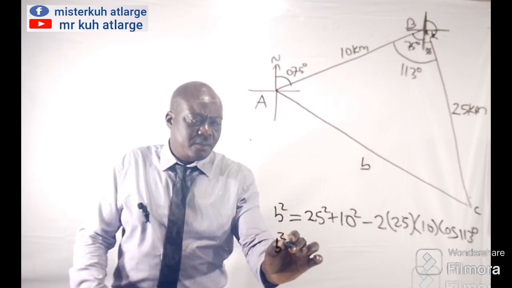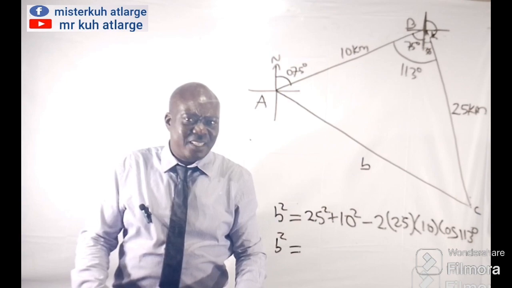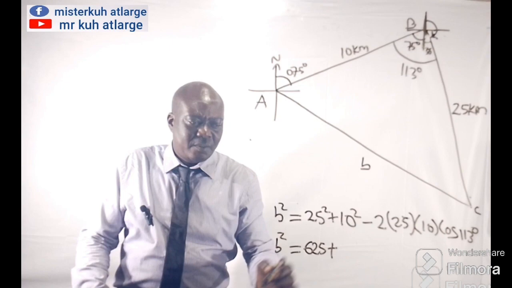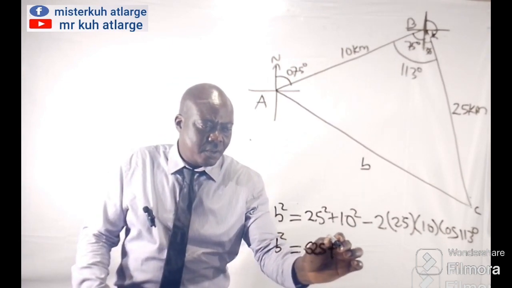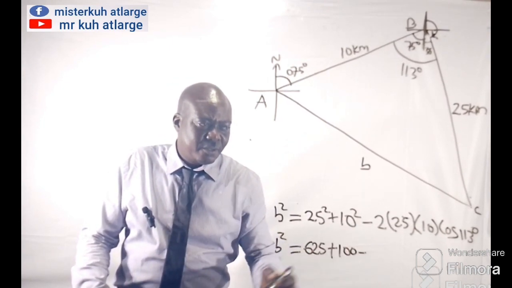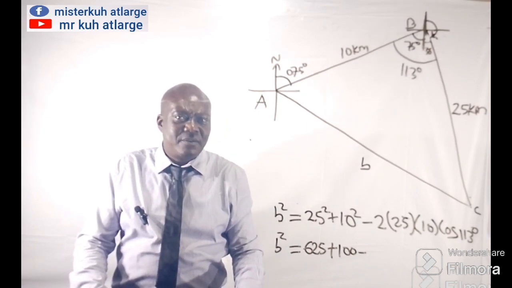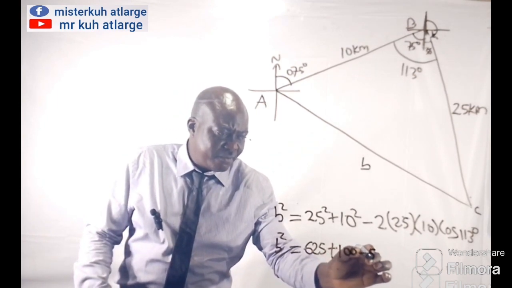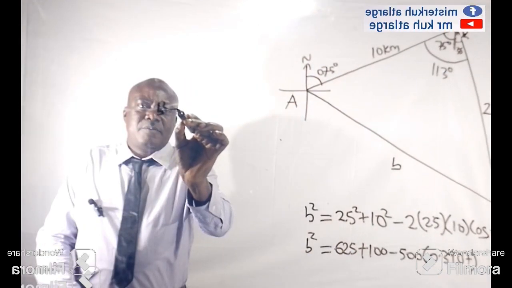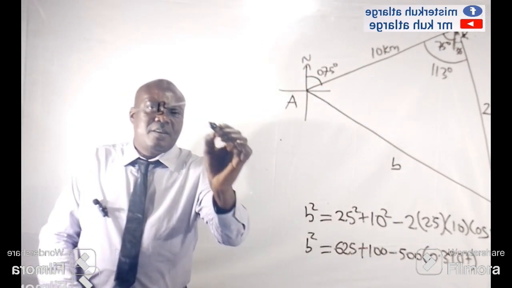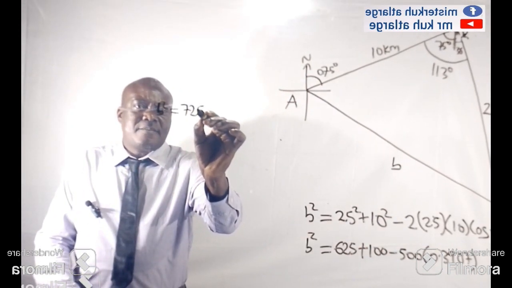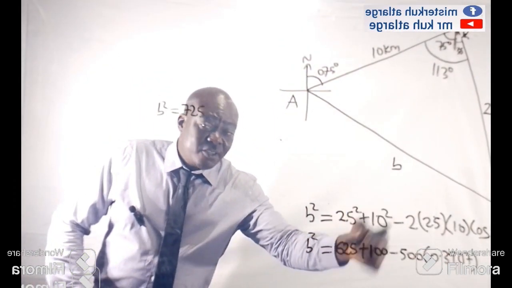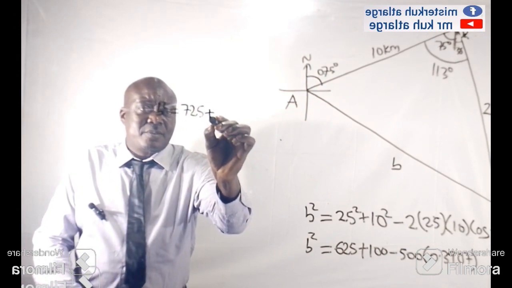So b squared will be equal to 25 squared, which is 625, plus 10 squared, 100, minus 2 times 25, 50. 50 times 10 is 500. So this one is now 500. b squared will be equal to, if you add this corner, you have 725, and this is minus, sorry, minus times minus is plus, so this place will be plus.